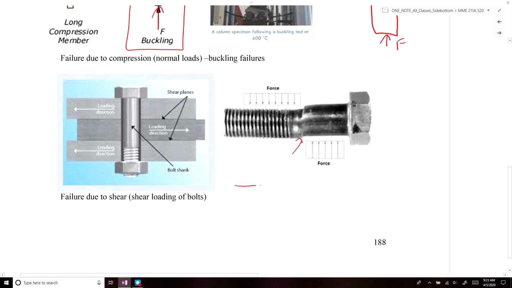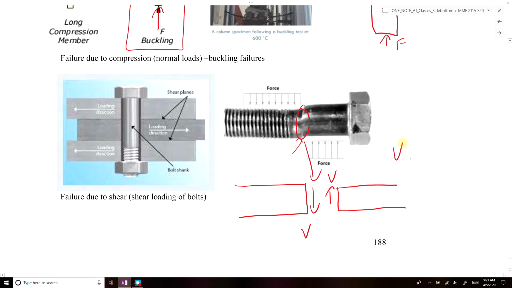This is caused by internal forces at that point here, and if those exceed the limit, you're going to see failure of that bolt.